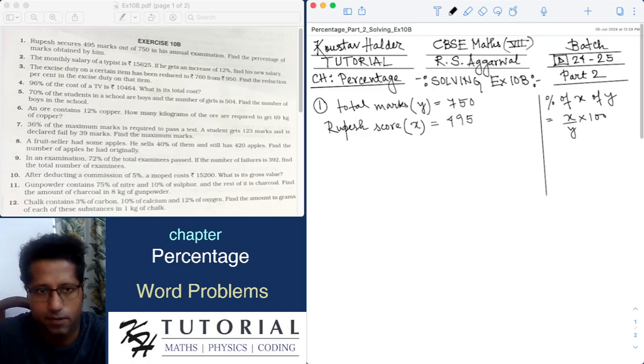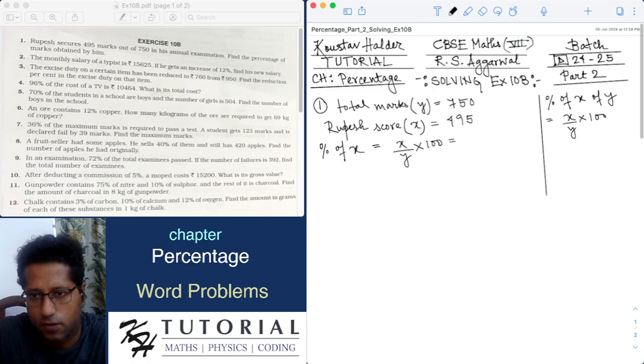Now it has asked to find the percentage of marks obtained. So percentage of x equals x by y into 100. This equals, x is 495, so 495 divided by 750 multiplied by 100.